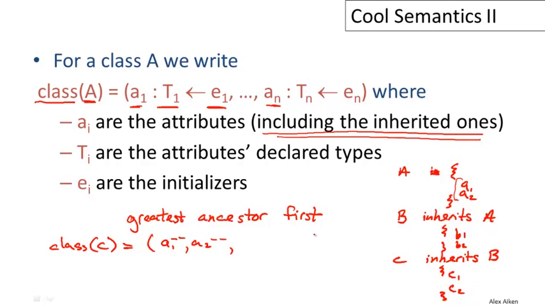Then next would come the attributes of class B, again with the type and initializer for those attributes. And then finally, the attributes of class C, again, in the order in which they're listed in the class definition. So that defines the order of the attributes for any class. It's always in the order from greatest ancestor down the inheritance chain to the class itself, that is the argument of the class function.